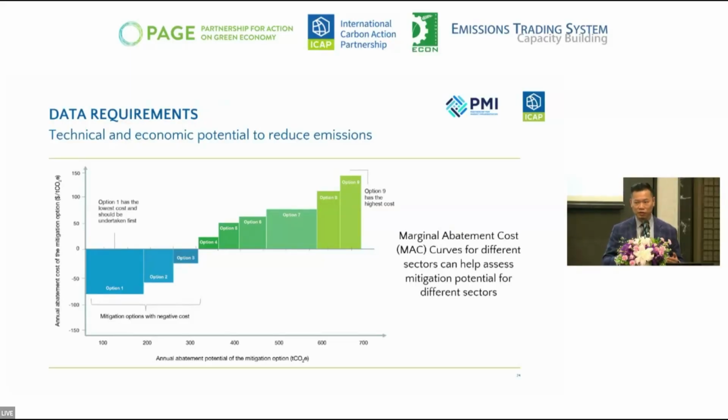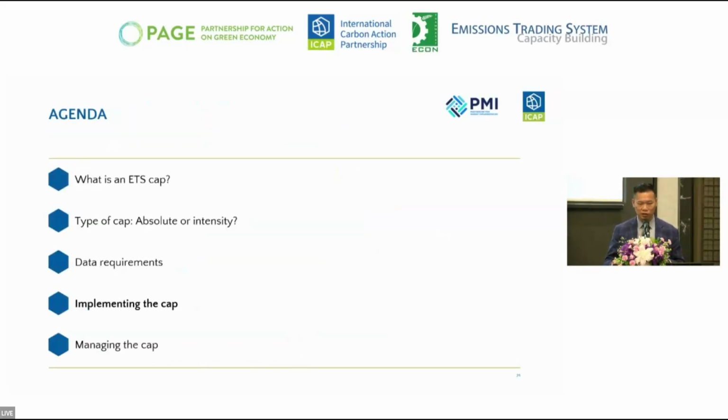But for the industry which only has these green options, we need to consider the actual cost. So this is another dimension to think about, how to set a cap or how to set the limit for different sectors.